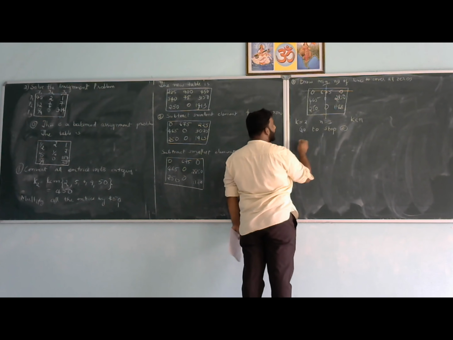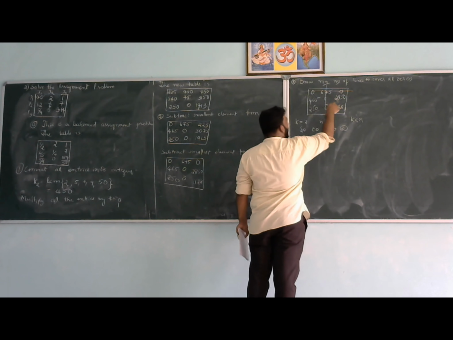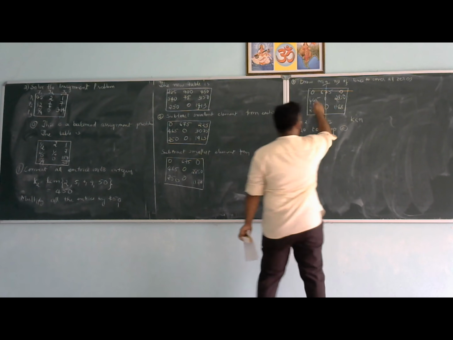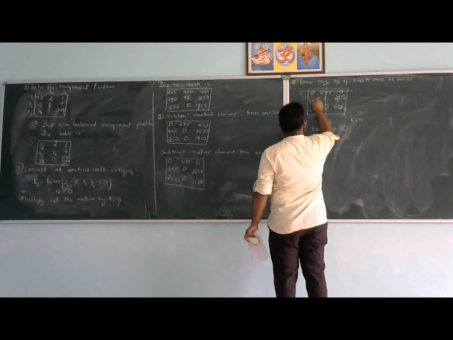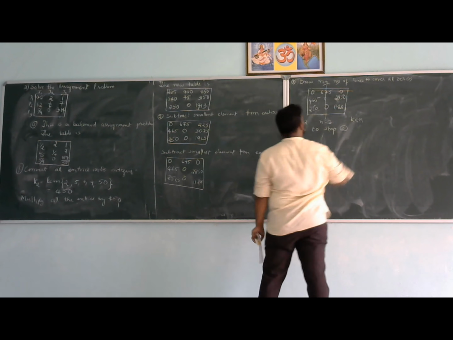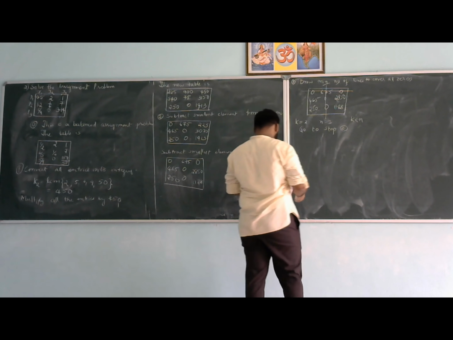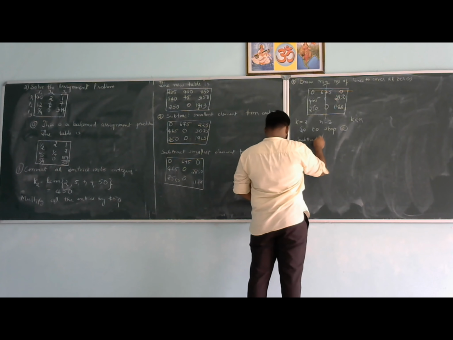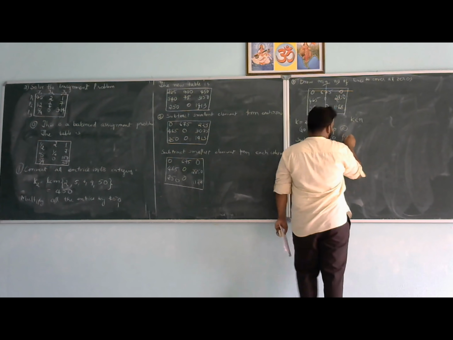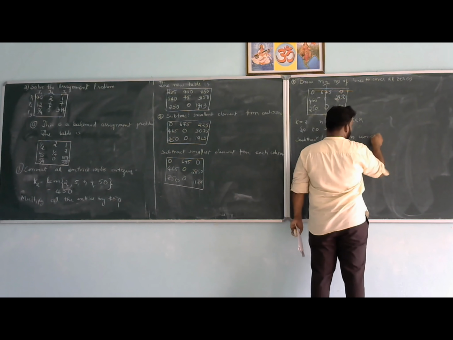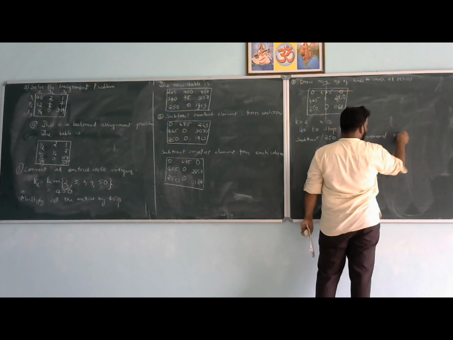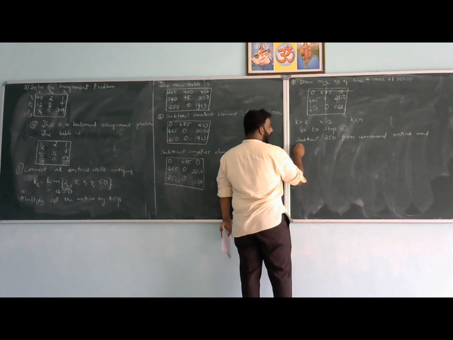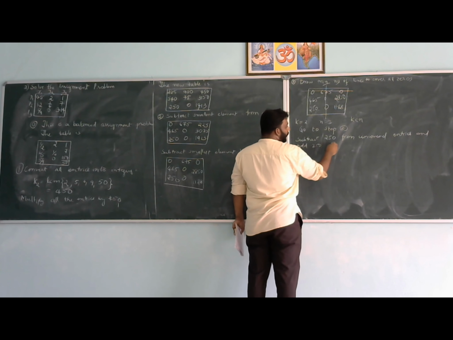So we subtract 250 from the uncovered entries. And what else do we have to do? We have to add it to the intersection. Right? The intersection is 675, so we add 250 to it. So subtract 250 from the uncovered entries and add 250 to the intersection.